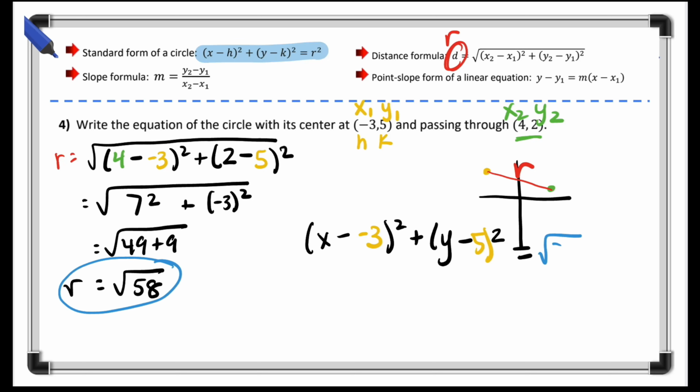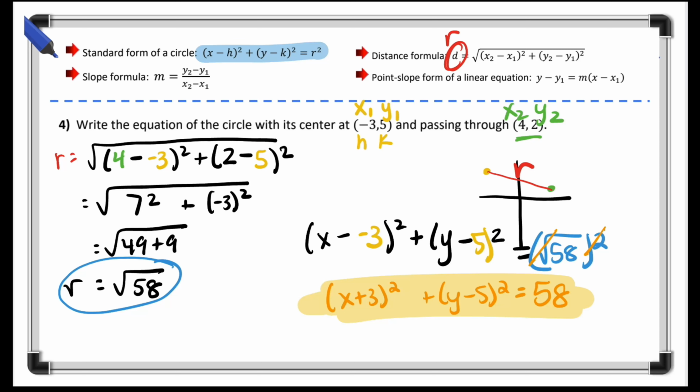Now the radius was the square root of 58, and I will be squaring that. So again, in order to simplify, you would have x plus 3 squared plus y minus 5 squared. And when I have the square root of a number and then I'm squaring it, those cancel out, and you have just 58.